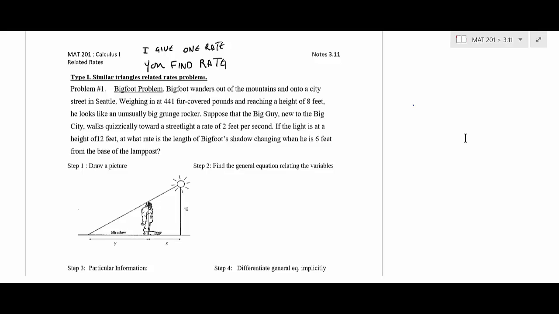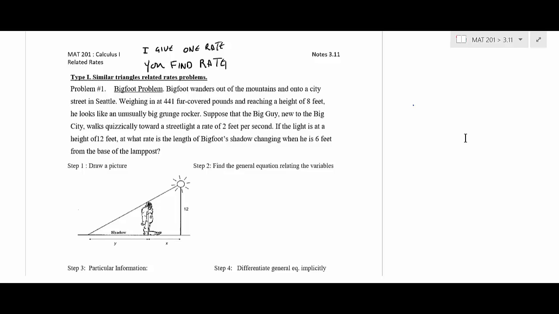That's the shadow, based on the angle of the sun. The light is fixed at 12 feet. Bigfoot's 8 foot tall, and the rate of that shadow is changing in some value like that. So based on this information, you always have to read the problem.